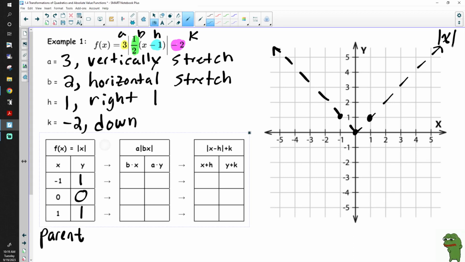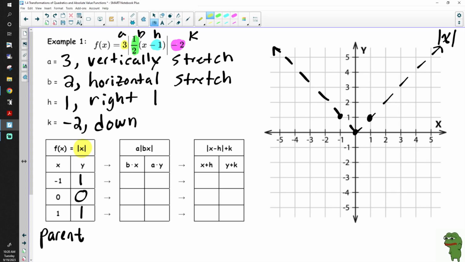Where we got these y coordinates is the parent function, which is right at the top of this table: the absolute value of x. When you plug -1 into the absolute value of x, by definition, anything that goes into the absolute value comes out positive.